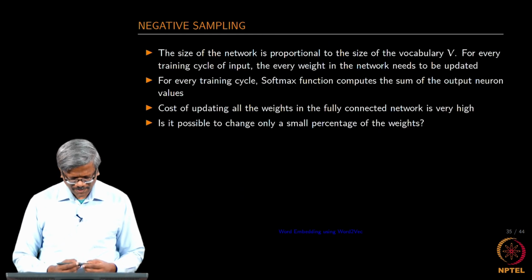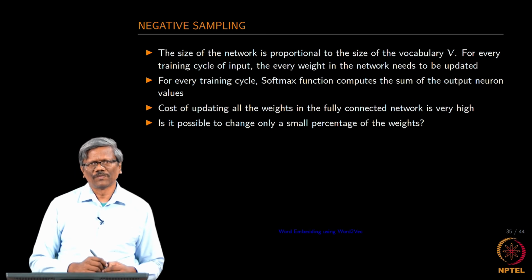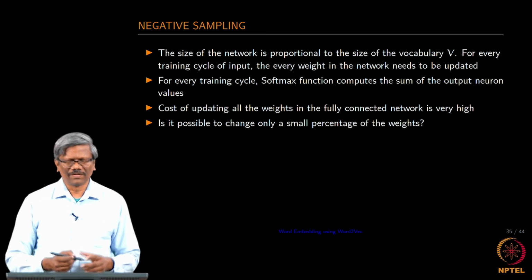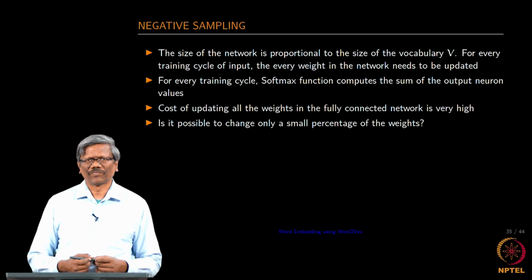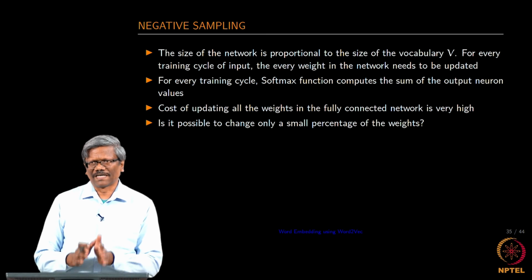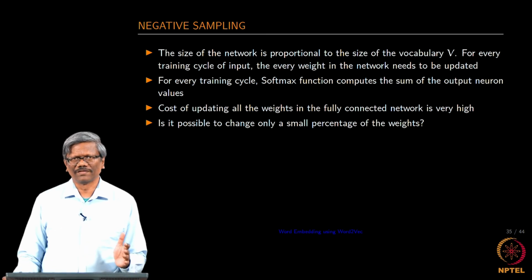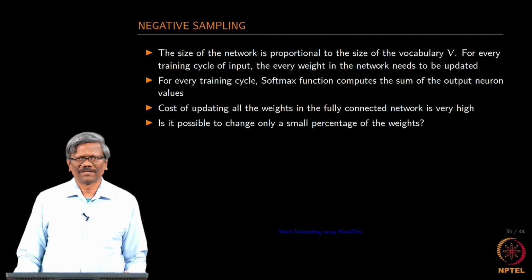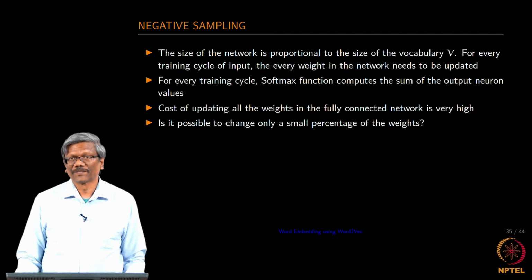There is another mechanism by which you want to minimize the computation, right. That is called negative sampling. I keep repeating this several times: the computation of this model is very huge when the vocabulary size is very large. Each and every weight updation costs money.